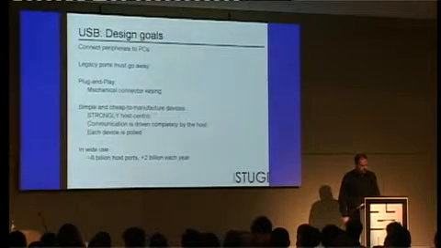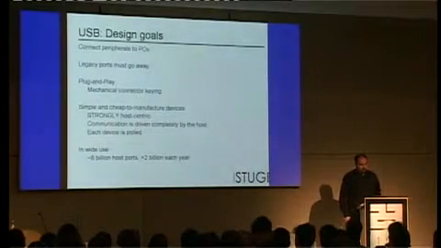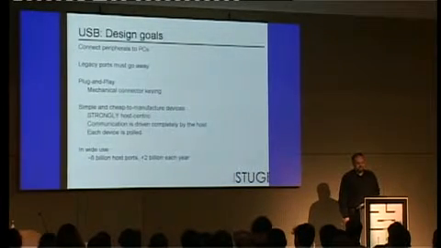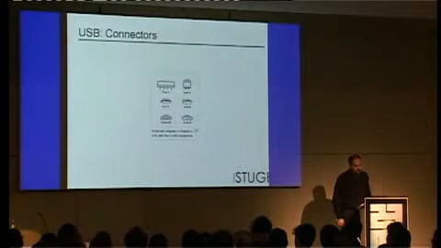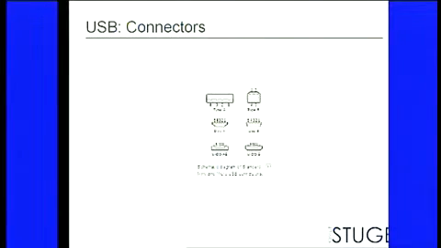And USB has become really popular, 8 billion host ports, and apparently it's increasing with lots of billions every year. A couple of connectors. The standard ones are the Type A and the Type B. On the top, I've heard that the big Type B on the top is being phased out, and that mini and micro should be used for new stuff.